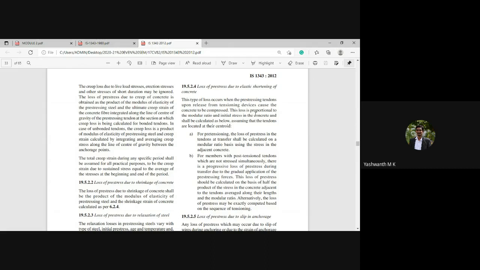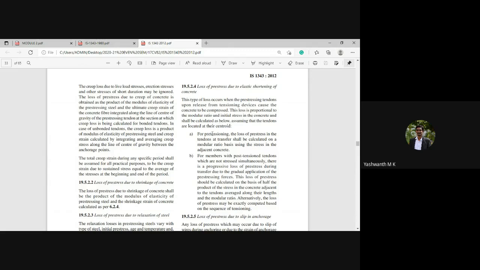So I think you know the formula: loss of pre-stress due to elastic shortening equals modular ratio alpha E multiplied by fc, the compressive stress in the concrete at the level of steel. Instead of giving the formula, they have written it in text form, so you need to know these things. By reading this text, you can at least know what formula you need to use.